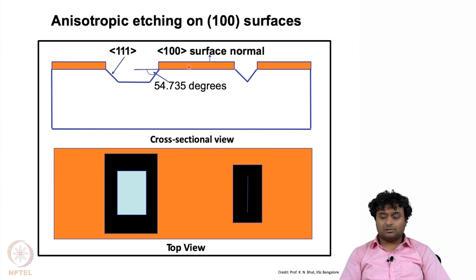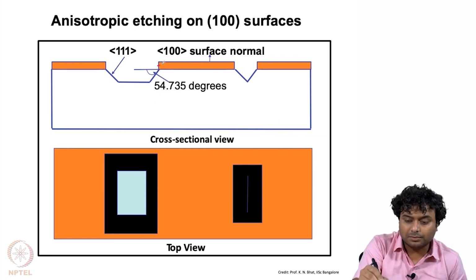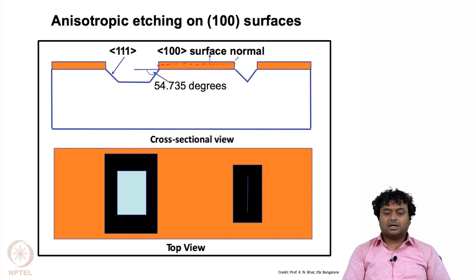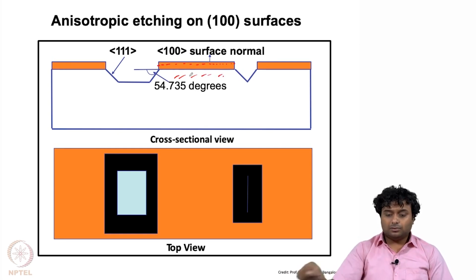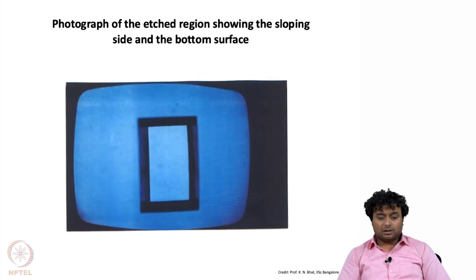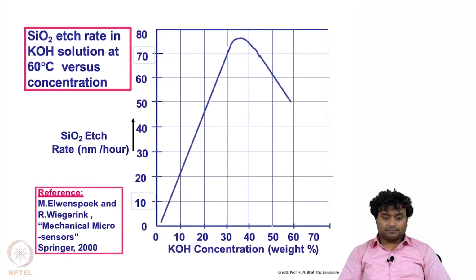So, this thickness also will get reduced. Let us say this will come to some place like this, a little bit less than the thickness it started with, but ultimately it will still protect this region, so the silicon will not get etched. So, SiO2 has a much smaller, almost 1000 times smaller etching rate under KOH etching compared to silicon.